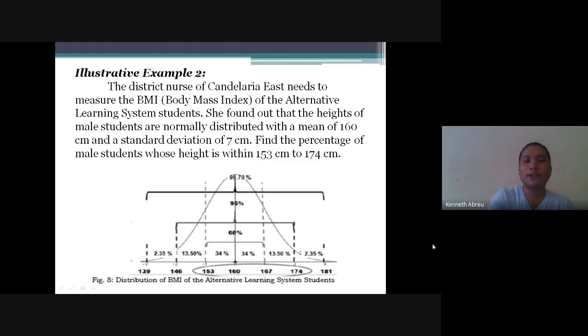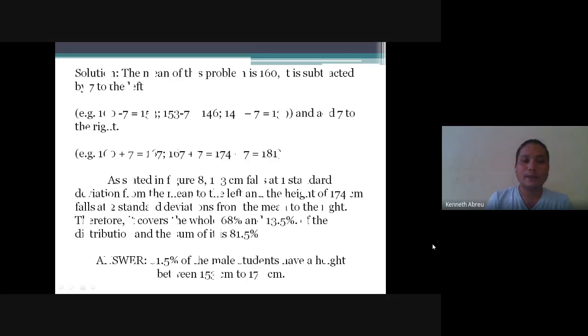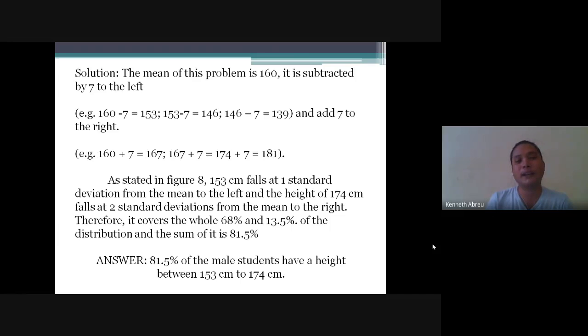Yung 174 naman ay nasa dalawang standard deviation. So, ibig sabihin, 13.5 yung ating kukuhanin, i-add natin doon sa 68%. So 68% plus 13.5%, that would be equivalent to 81.5%. So that would be the height of the male students between 153 centimeters to 174 centimeters. So that would be using our empirical rule.